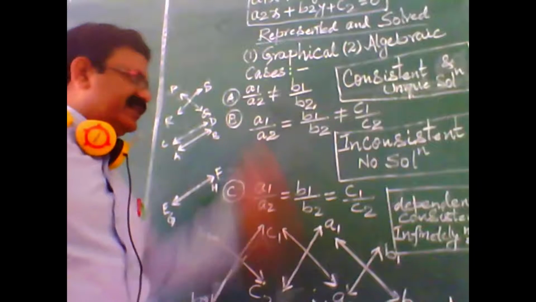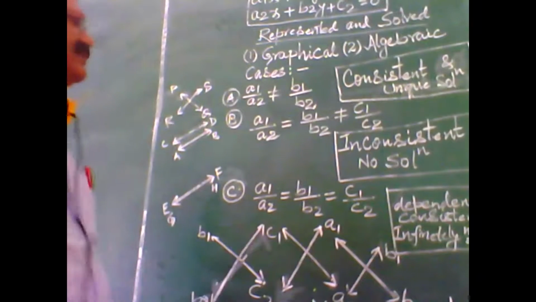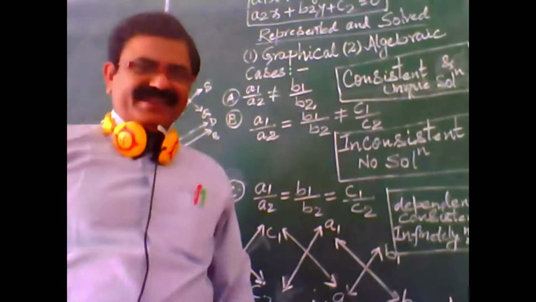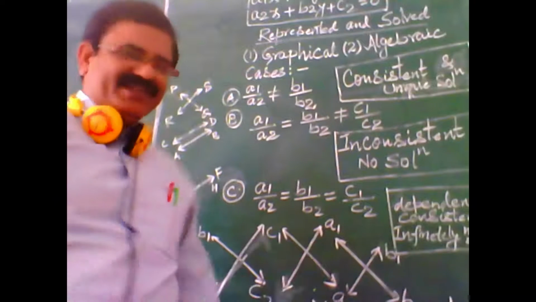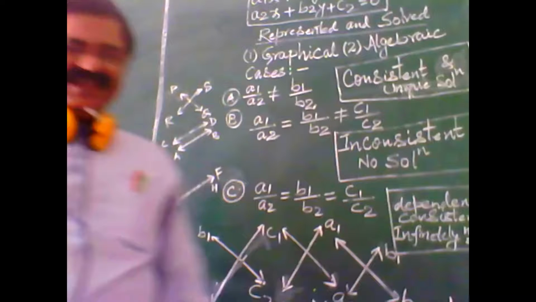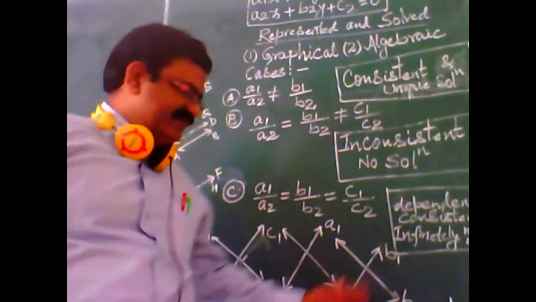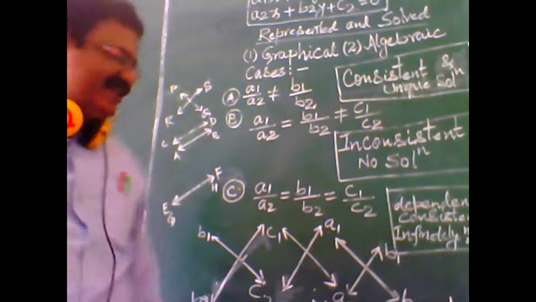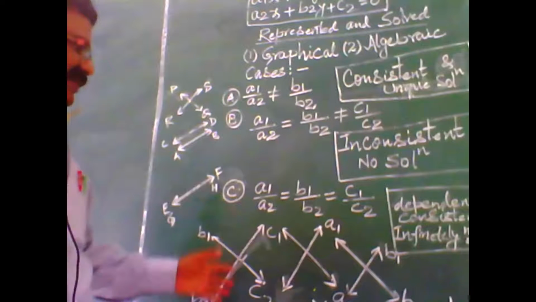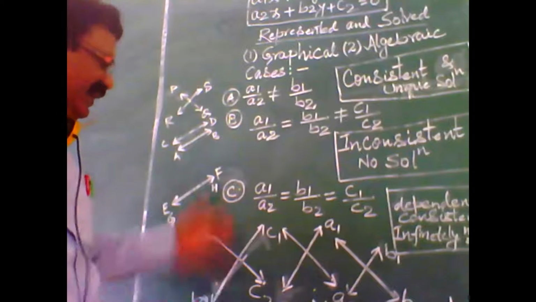So there are 3 methods: the substitution method, the elimination method, and the third one, the cross multiplication method. Students, very easily the values of x and y can be obtained.